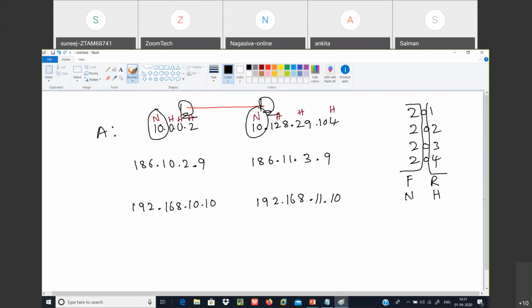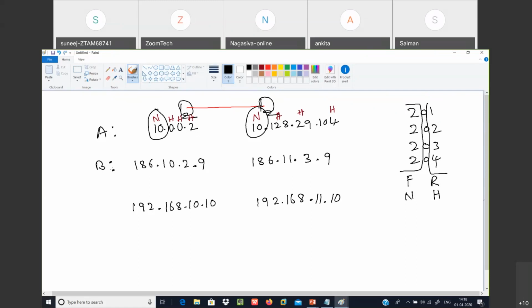I mean, both are in the same network or a different network? Yes, they are both on the same floor, I mean the same network portion, so they can communicate easily. The host portion can be anything. The host portion here is 0.0.2, and here 128.29.104. No issues, right? The condition is that the two devices' network portion should be the same.